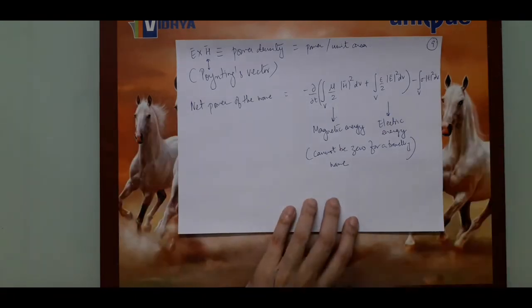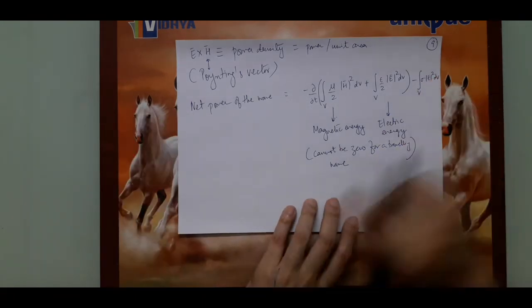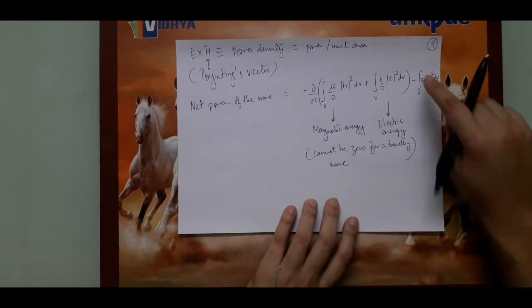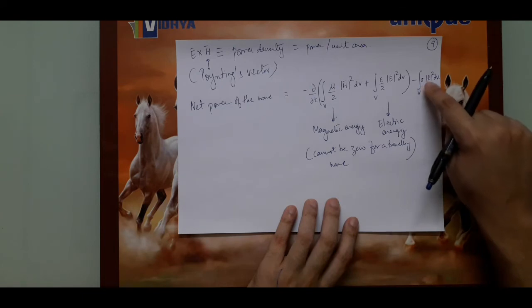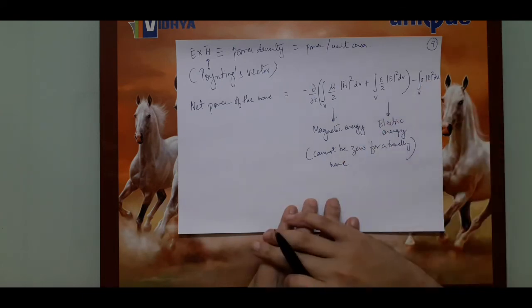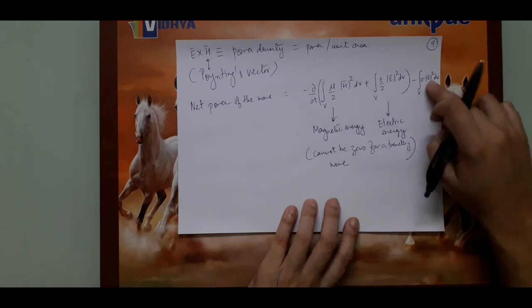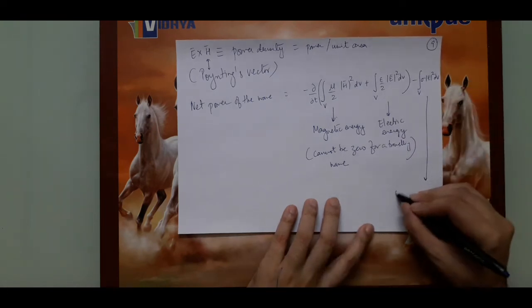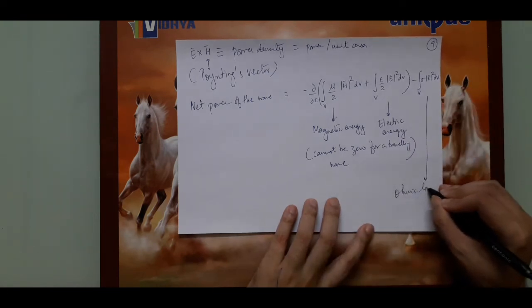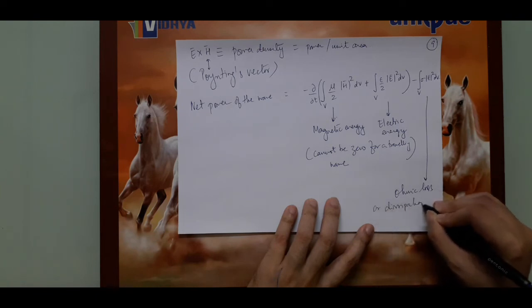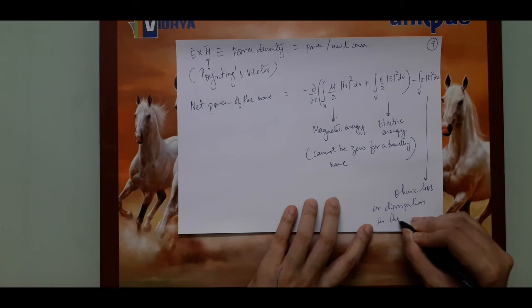Now what about the third quantity? Sigma E square indicates the loss in the medium because of the sigma term. If the medium has some conductive nature or is a very good conductor, then this term will start becoming significant. This is nothing but the ohmic loss or dissipation in the medium.